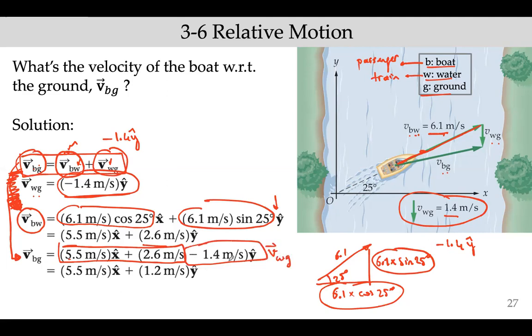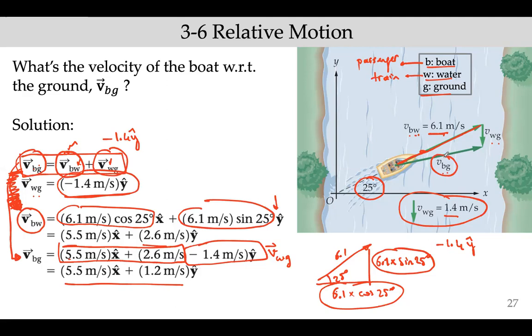If you do the addition, the x component is the same. These are y components, so you subtract them and you get 1.2. So the final answer is the velocity of the boat with respect to the ground: it has 5.5 in the x direction and 1.2 meters per second in the y direction. So in this problem, the angle is given, and what the problem is asking is the velocity of the boat with respect to the ground.